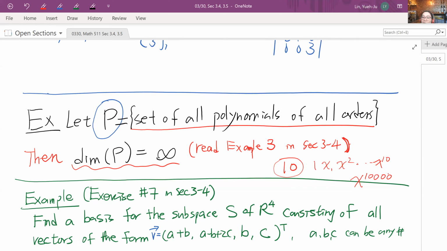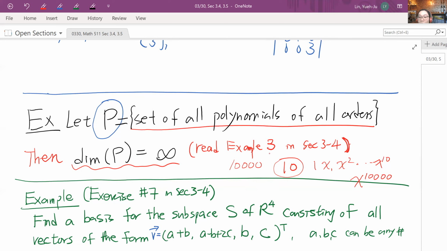If you say, okay, let's pick a much larger number, say I only need 10,000 vectors, then I will say it's not enough, because the polynomials range from 1 or x squared all the way to degree 10,001, or even 20,000.